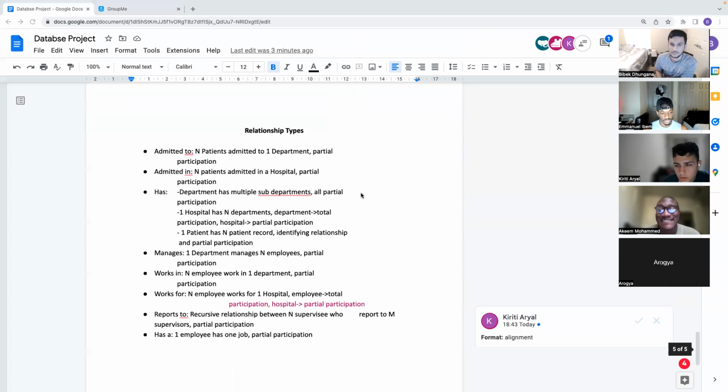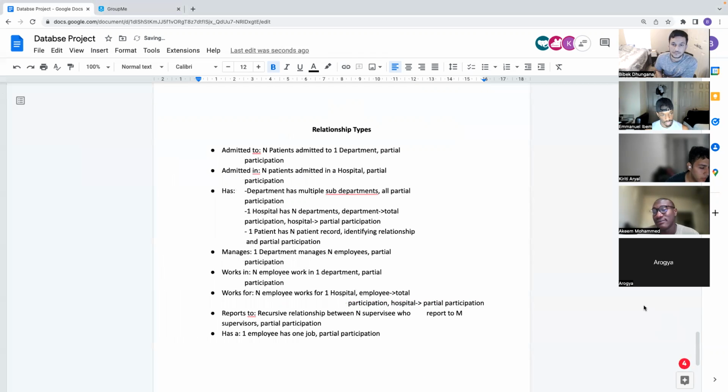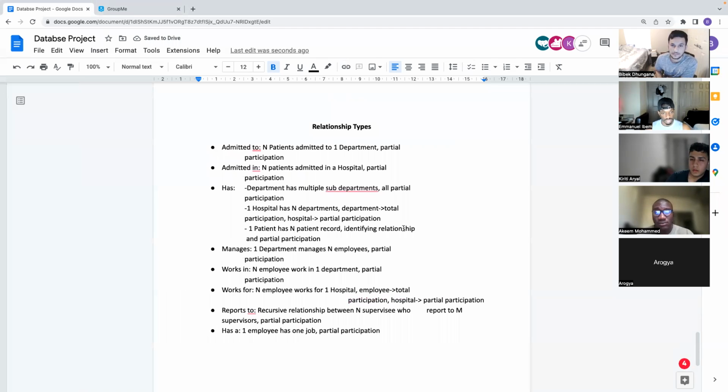Let me talk a little bit more about our relationship types. We have 8 total relationship types, and they explain the relationship between our strong entity types. We also have some identifying relationships to explain the relationship between a strong and a weak entity type.